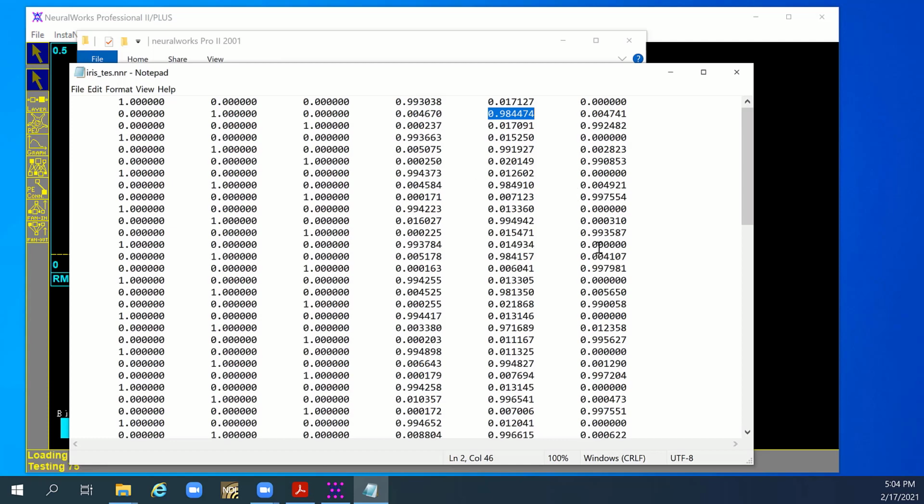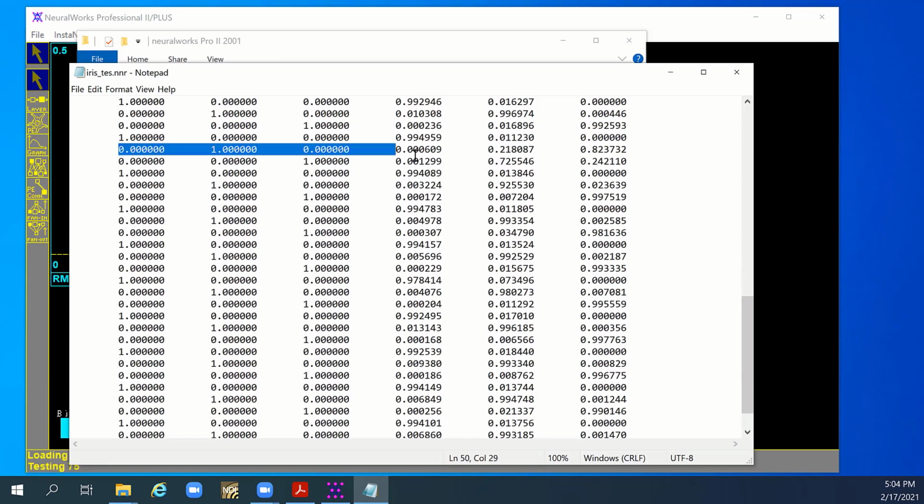Down through here. And if we go far enough down, help me find that there's a couple cases where that's not true. Here we go. This is one of them. Look at this set here. Did we get that right or wrong?